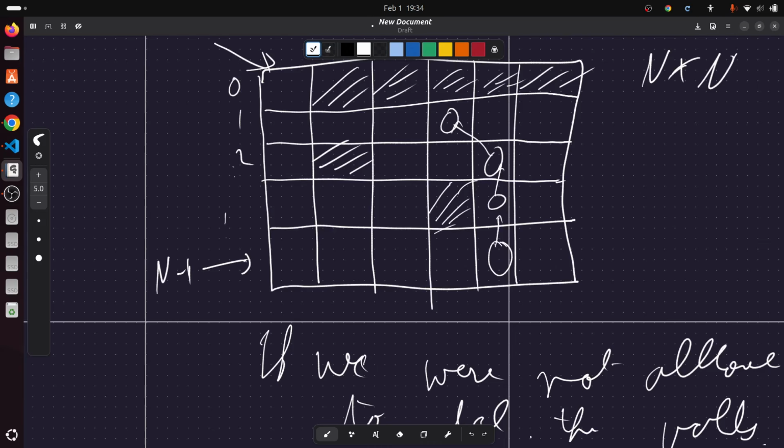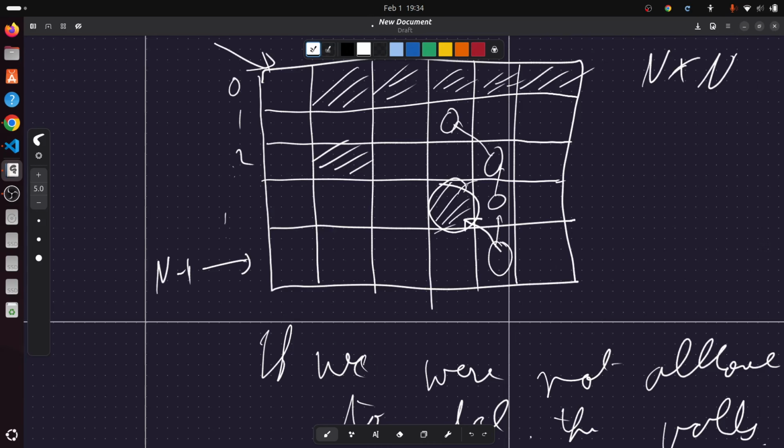Like when we are trying to do a BFS, we will always visit here. Okay. But now the thing is that since this wall is breakable, like since we reach here, the main observation here is that since we are able to reach here, we would be able to reach every cell of this column.